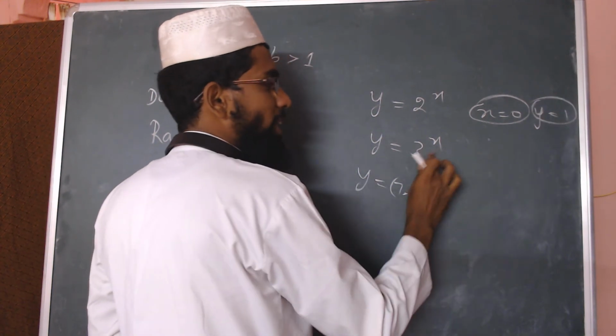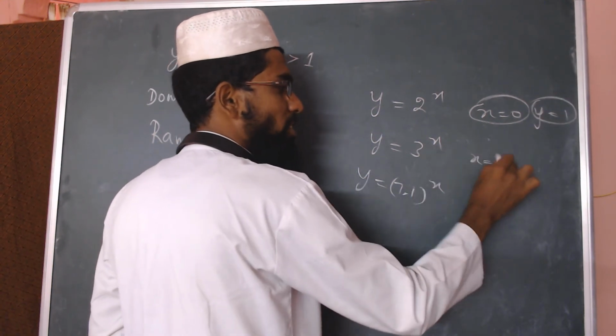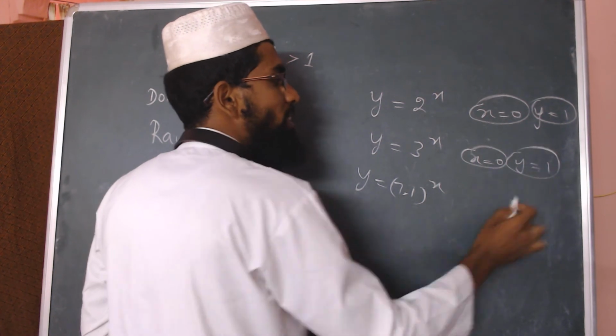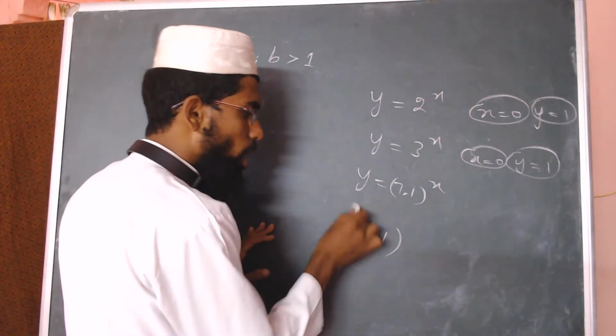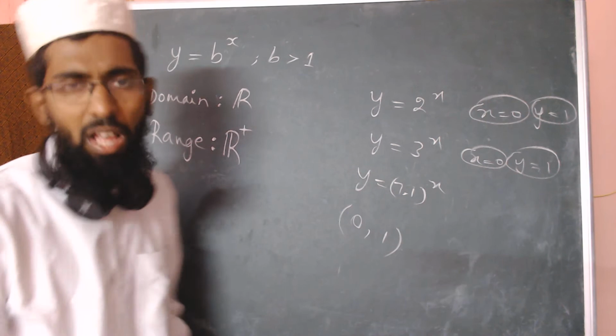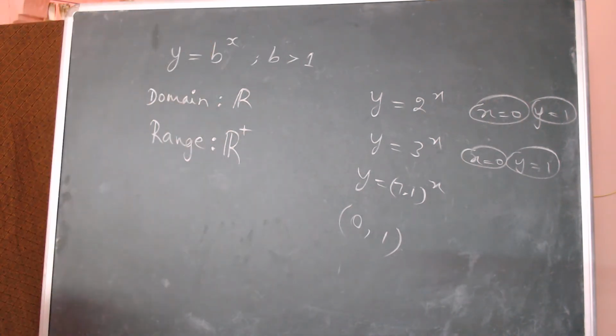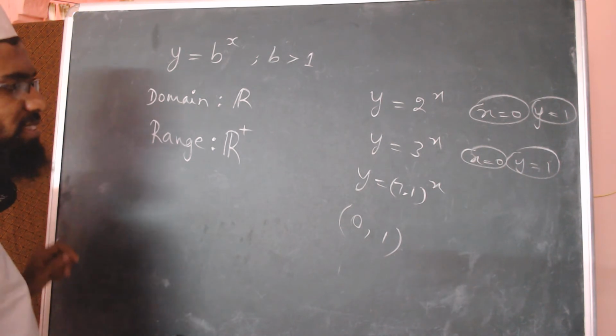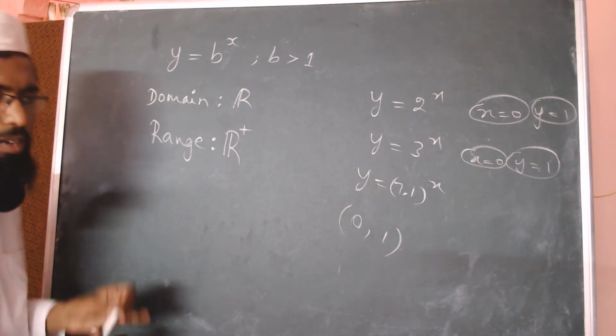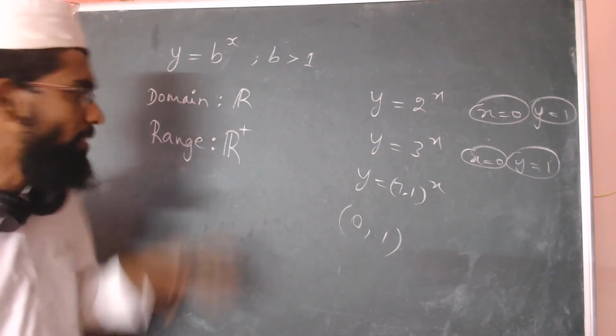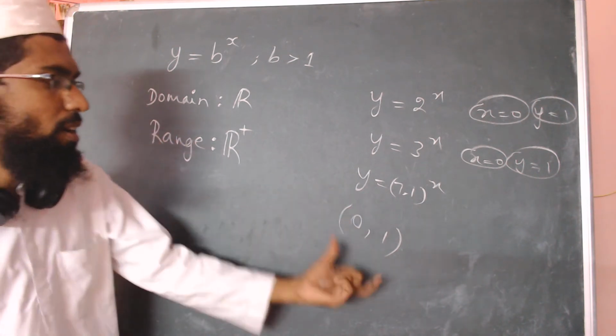Here also, x equal to 0, 3 power 0 is also 1. So 0 comma 1 is the common point for all the exponential functions. This is what we call an exponential function, and these are its three characteristics: the domain, the range and the common point.